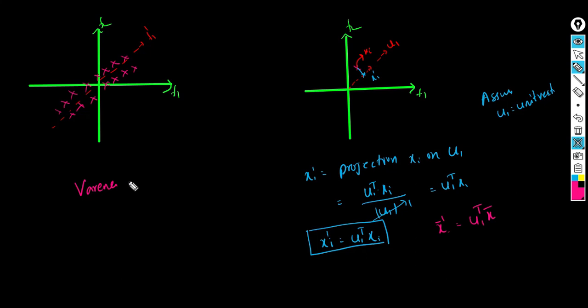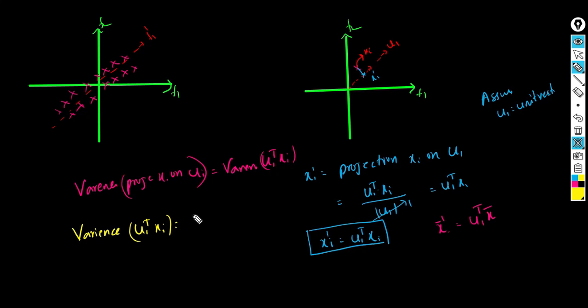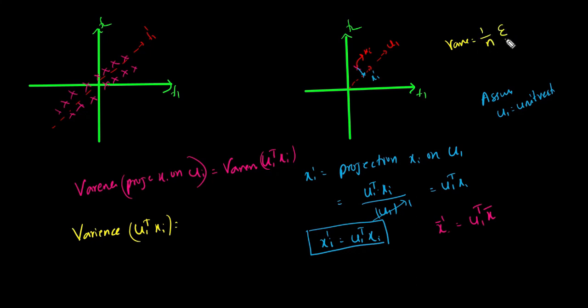The variance of the projection of xi on u1 is equal to the variance of u1 transpose xi. We already know the variance formula: variance equals 1 by n, sigma i equal to 1 to n, xi minus x bar, whole square.